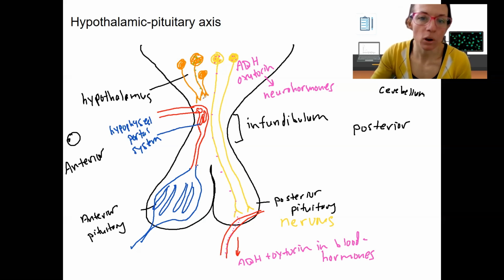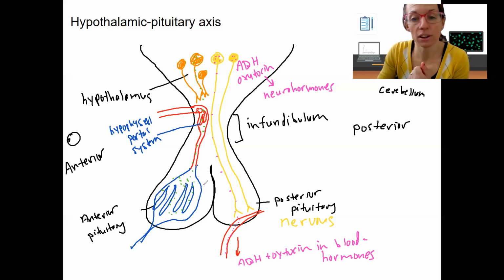These are going to be tropic hormones. CRH is one example you saw in that stress response. There's a bunch of them. We'll talk about what those are, but corticotropin releasing hormone is one example. So it's going to be a releasing hormone that causes the release of other hormones. Remember, one stimulus for hormone release is other hormones. So these are going to travel down to the anterior pituitary.